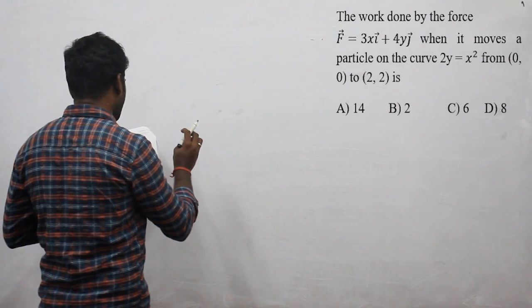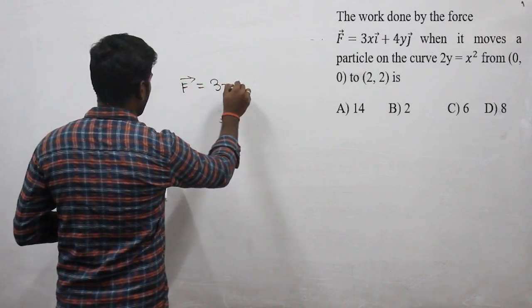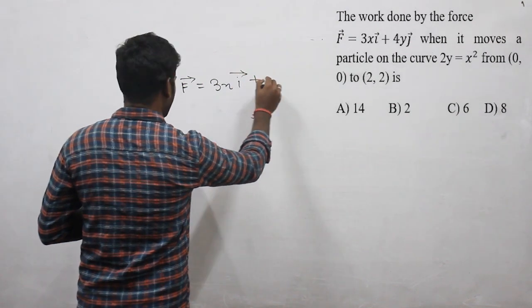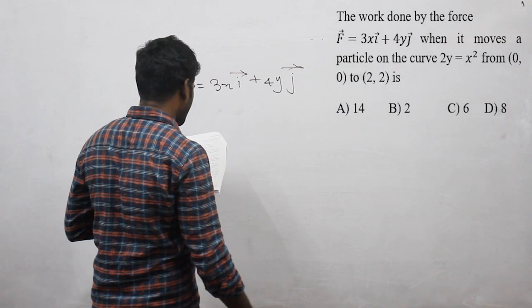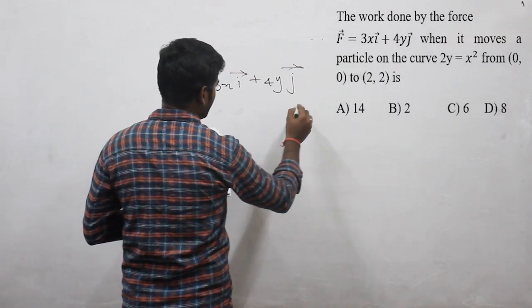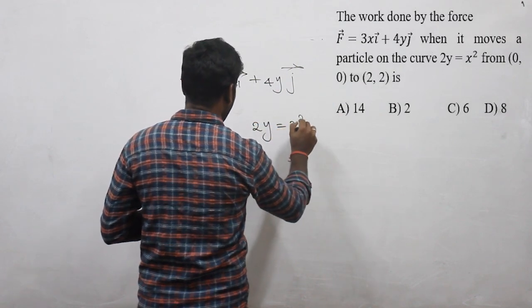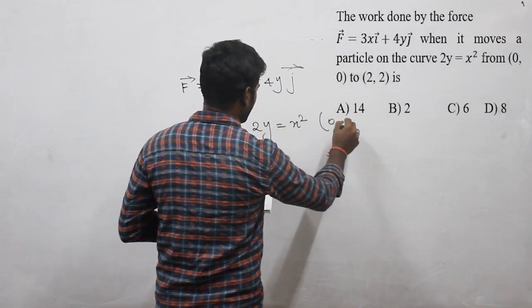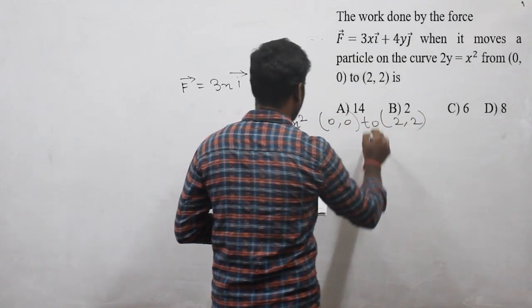Solution of 19th question. The work done by the force F vector equal to 3x i vector plus 4y j vector, then it moves a particle on the curve 2y equal to x square from 0 to 2.